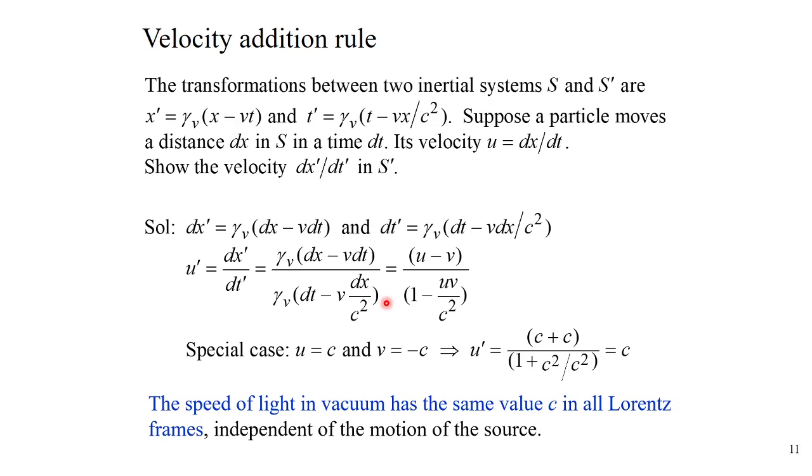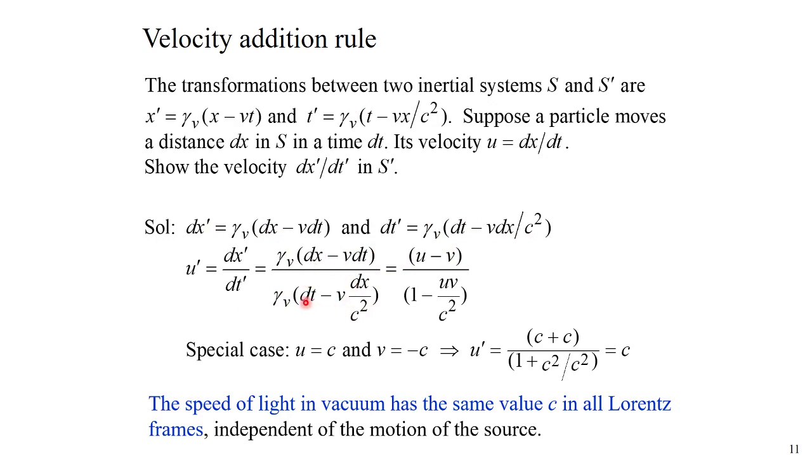If we measure at x prime, then it is gamma times dx minus v dt, and t prime will become this one. u prime becomes the ratio between x prime over t prime, and dx prime is shown here. dt prime is also shown here.